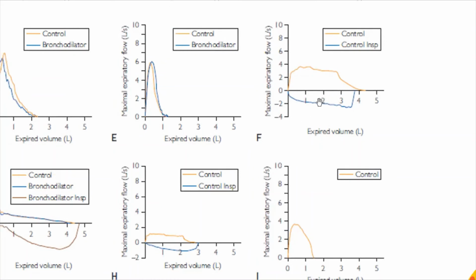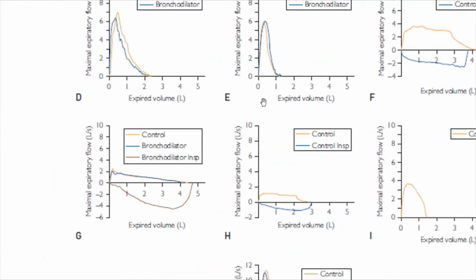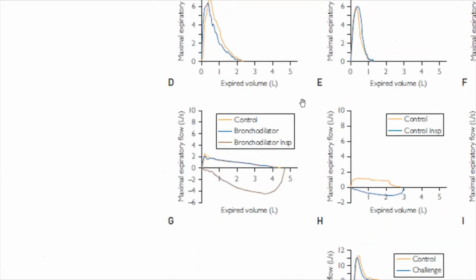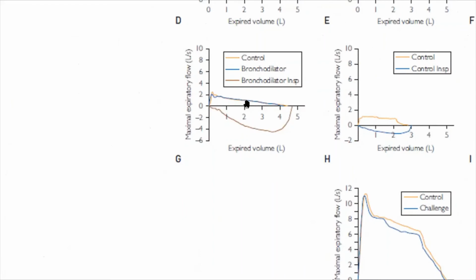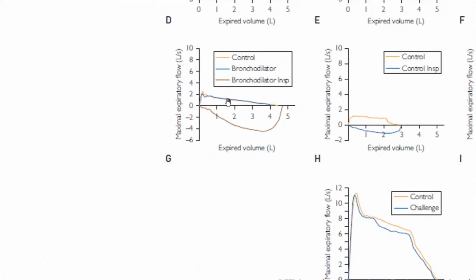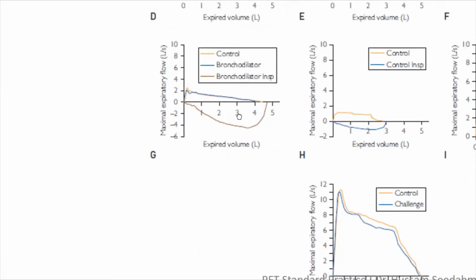So usually this F is a variable extrathoracic obstruction. Okay, this one, here the flattening is more in the expiration. So this is variable intrathoracic. So G is variable intrathoracic.